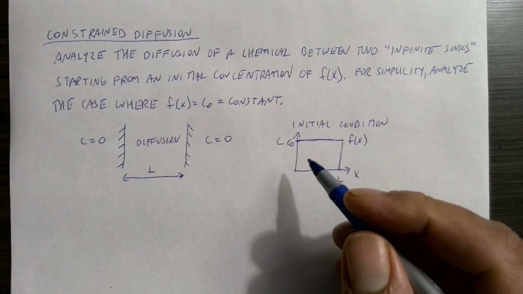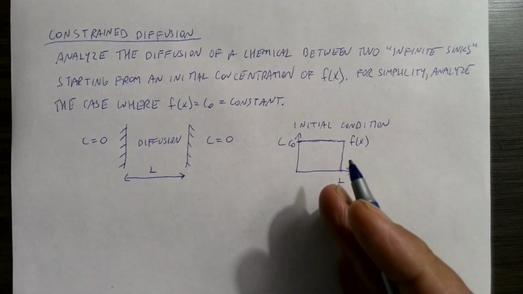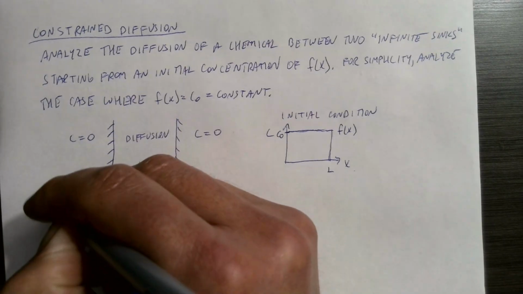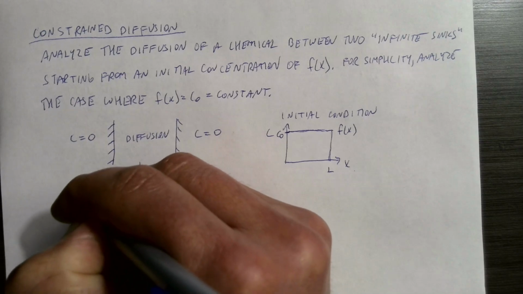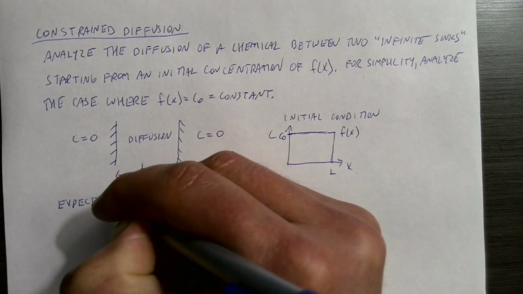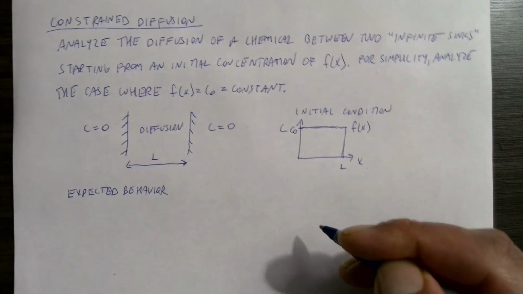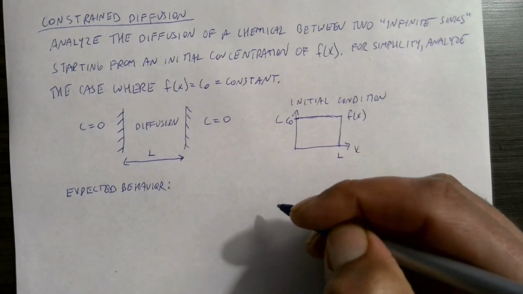What I want to do before we get into any of the math is to just imagine what we think this is going to look like. So, what is our expected behavior here? What do we think is going to happen?